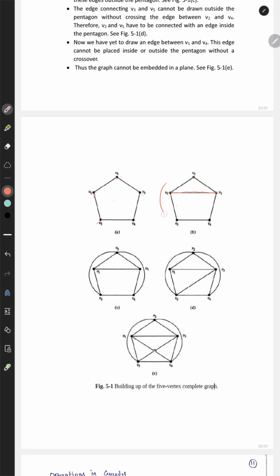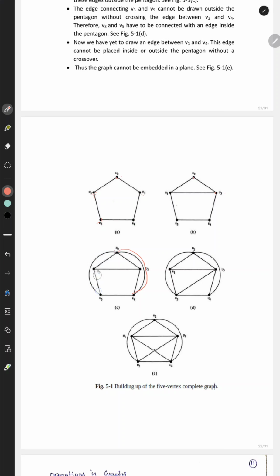Then the edges v1 to v5 and v1 to v4 we cannot draw inside, because if you draw them inside, they are going to cross your v1 v3. Therefore, once you draw v1 v3 inside, your v2 v5 and v2 v4 have to be drawn through the outside region that you have determined, right?